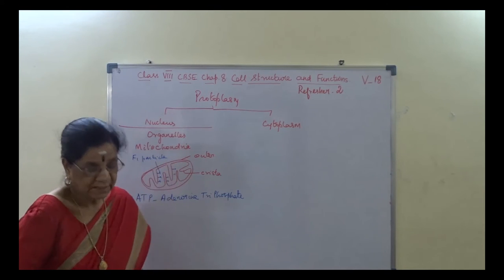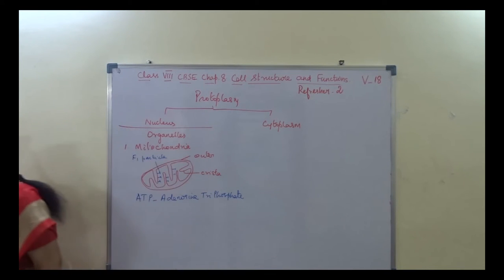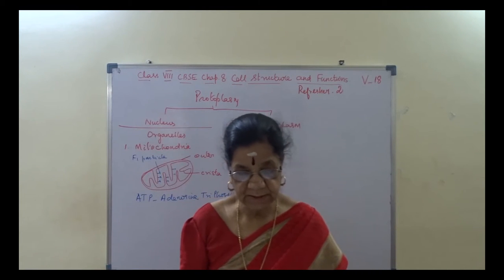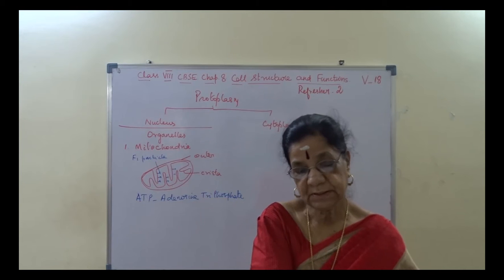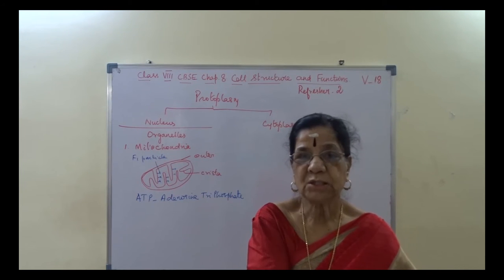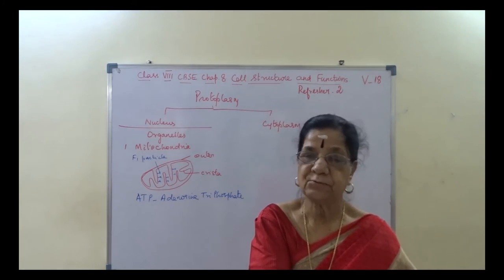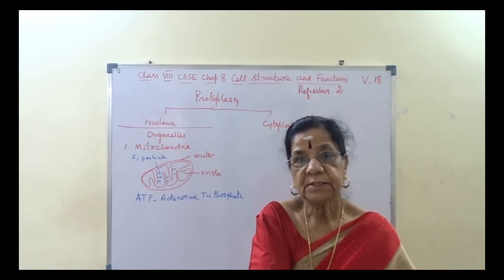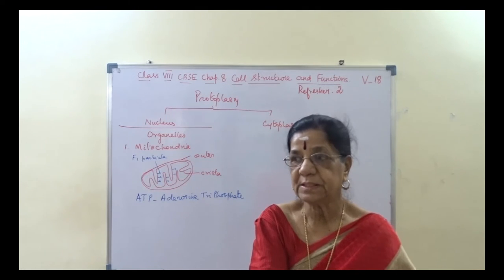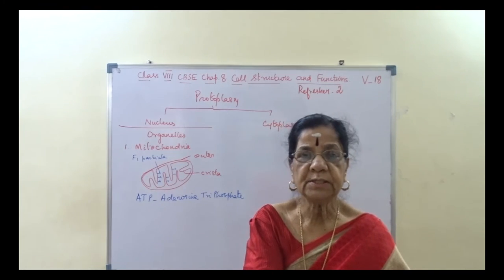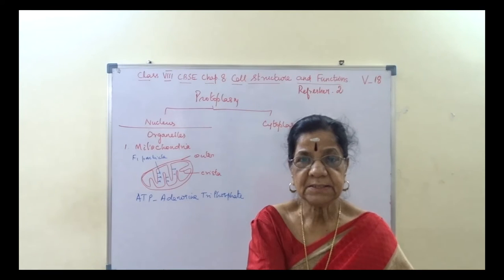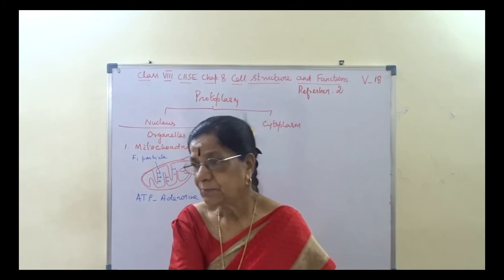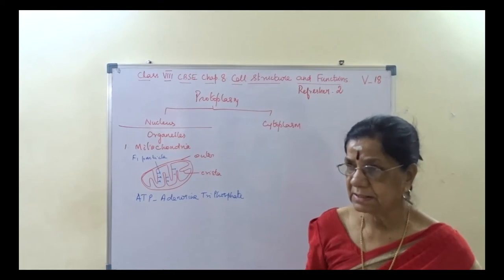Only this F1 particle region is generating energy. The F1 particle is also called the oxysome. It plays an important role in cell respiration. During respiration, energy is released, so that takes place as the F1 particle releases energy.